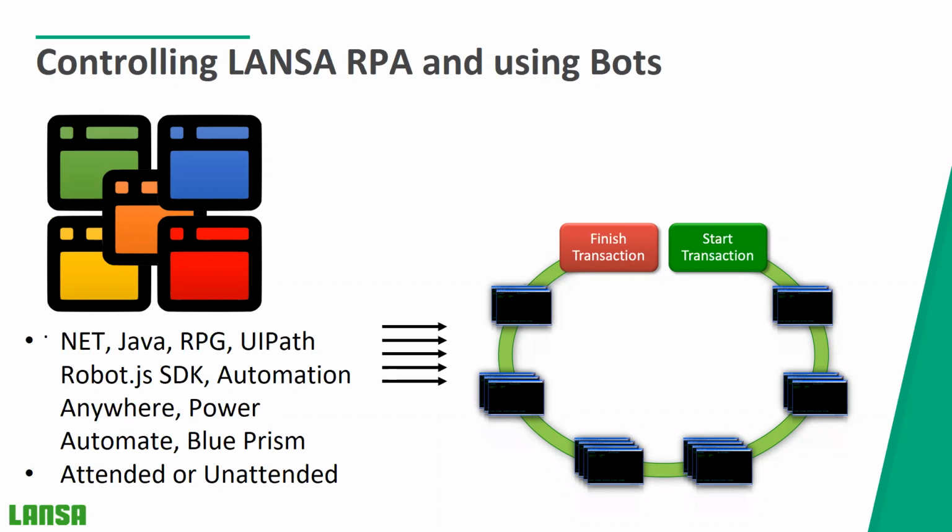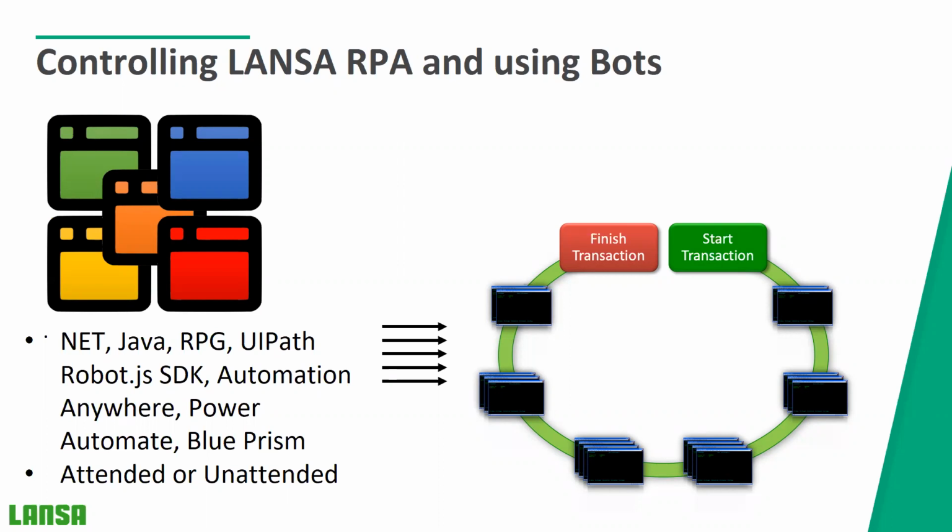So in terms of how you want to work with RPA, one of your key questions is, have I already got RPA software across the enterprise that we're already using now? For example, UiPath. And can I work with UiPath and control 5250 applications? If you want to take that approach, yes, we can work with that through their JavaScript interfaces.